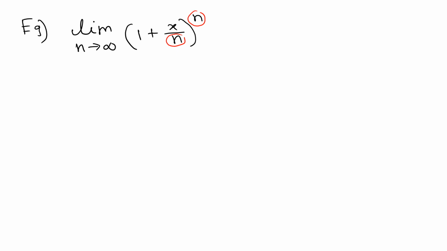So we can use the same approach as before. What we can do is write this one using the limit as n goes to infinity of e to the ln of the expression 1 plus x over n to the n.